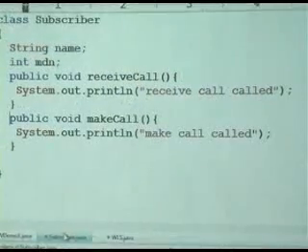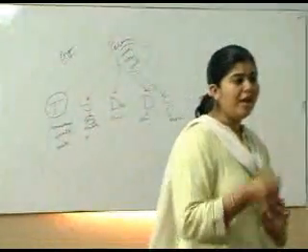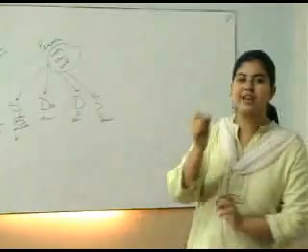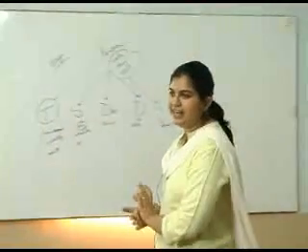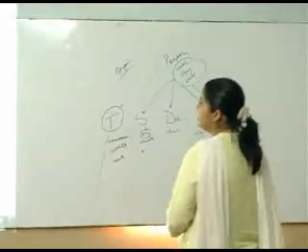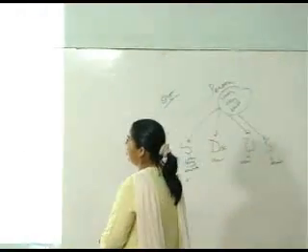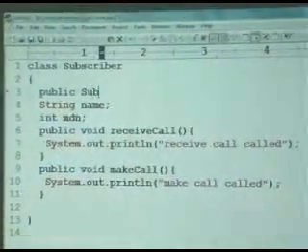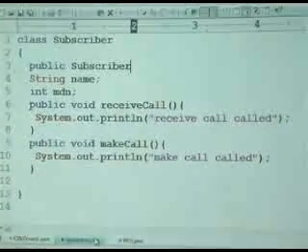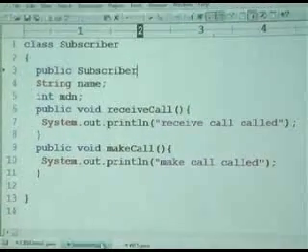Now, as you know, when is a constructor invoked? A constructor is invoked whenever a new object is getting created. So now in subscriber, I am going to write a constructor: public subscriber, or just remove public because your class is not public.